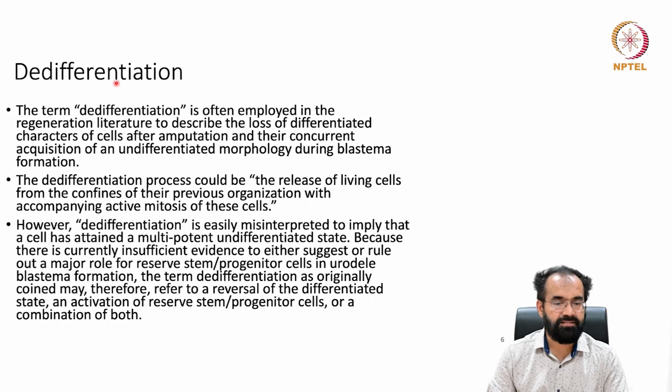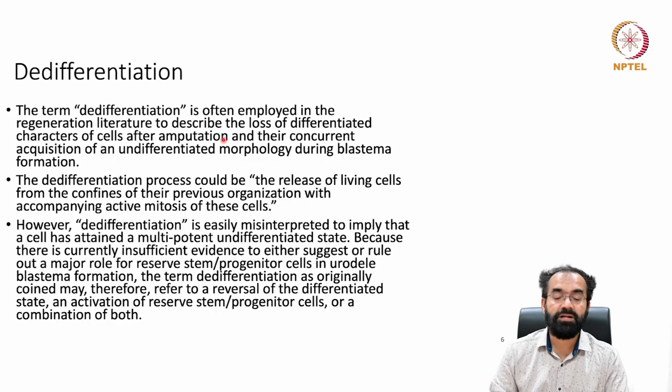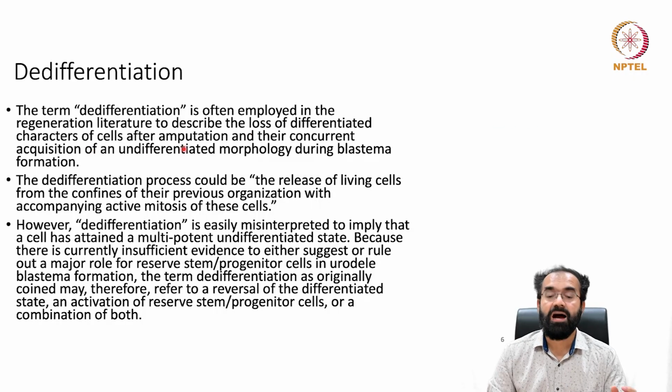Now let us quickly see dedifferentiation. The term dedifferentiation is often employed in the regeneration literature to describe the loss of differentiated characters of cells after amputation or an injury and their concurrent acquisition of an undifferentiated morphology during blastema formation.